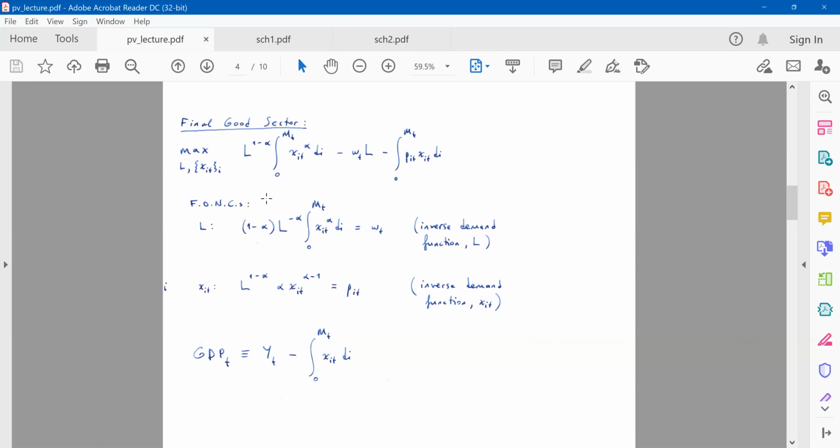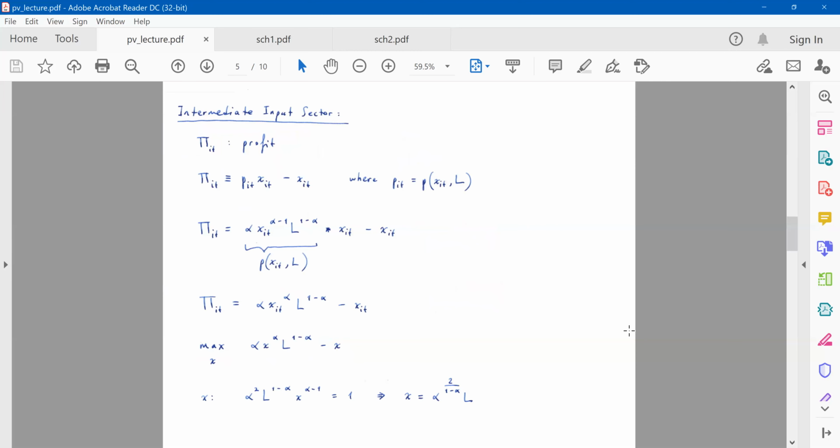That was the final goods sector, and the behavior of the final goods sector firms is typically characterized by these first two conditions. Okay, now we have the second sector, the intermediate input sector, right? So there are MT of them for each particular T, obviously.